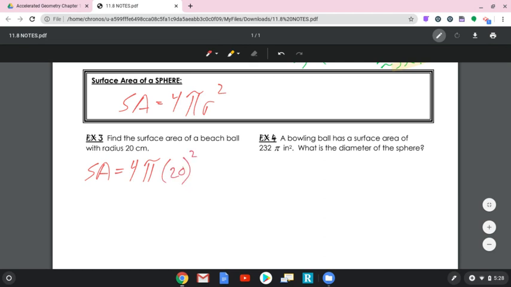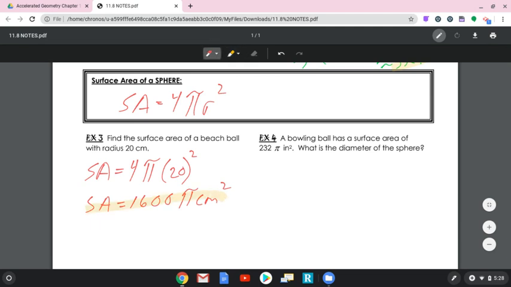If I asked you for the answer in terms of pi, you would do 20 squared times 4, and you would get 1,600. So you would say your surface area would be 1,600 pi centimeters squared. That would be an exact answer, an answer in terms of pi.